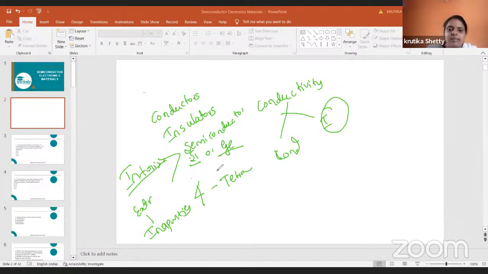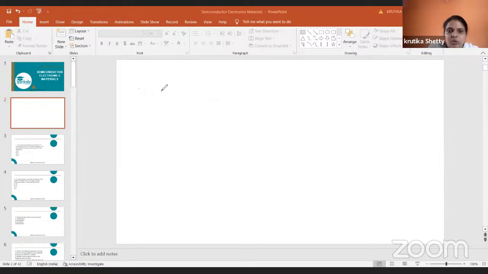Okay. So in an extrinsic semiconductor, as I said, we are adding impurities. Here we have two types of impurities, the pentavalent impurity and the trivalent impurity. So the extrinsic semiconductor is divided into two types, the N type semiconductor and the P type semiconductor.